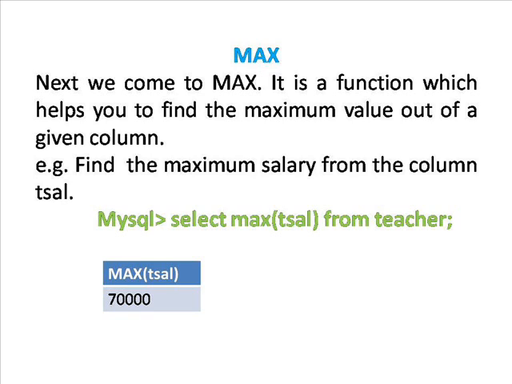So the query is select max in brackets TSAL from teacher. The output displayed will be as shown in the slide. The heading will be as given in the query, that is max(TSAL), and below it 70,000, which no doubt is the maximum salary for that particular column.